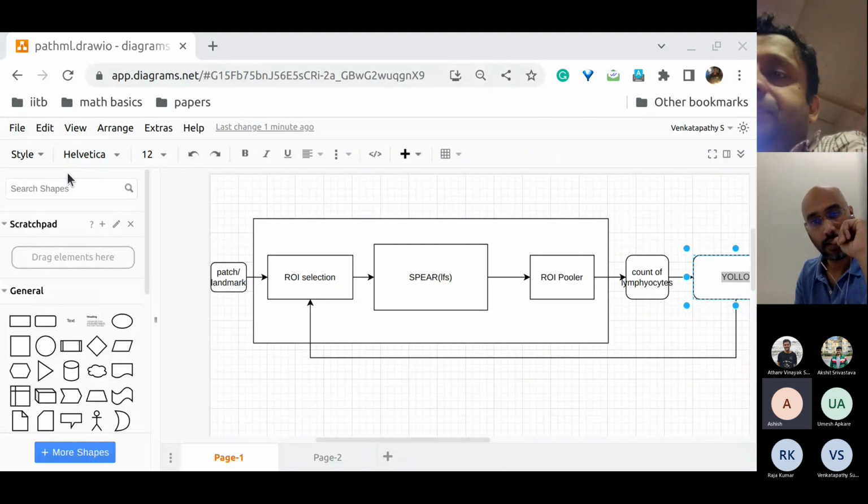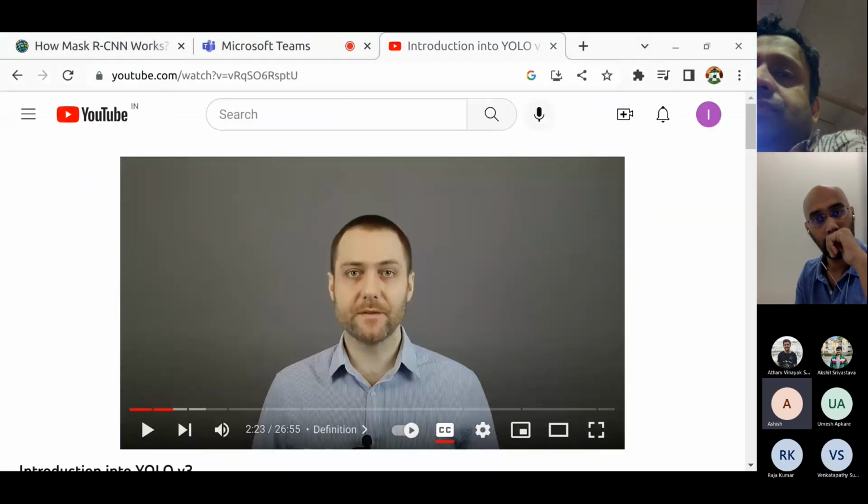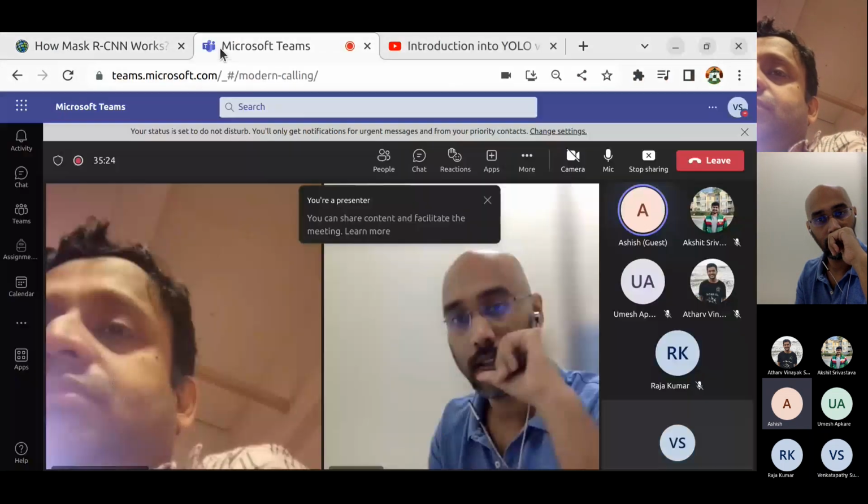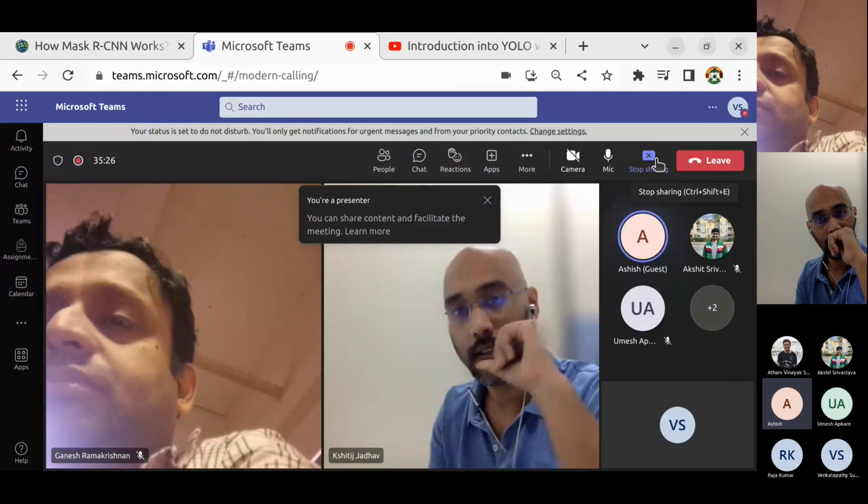Or in the initial stage we may just do the contouring of the area where there is a higher concentration of activity, and then we label it.